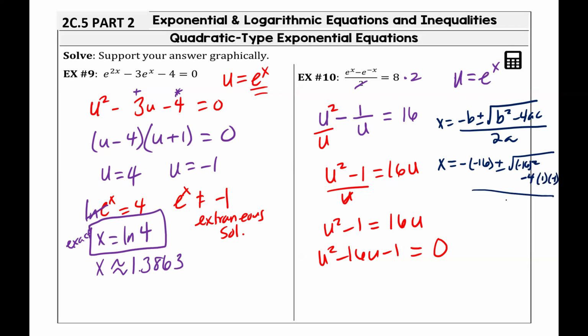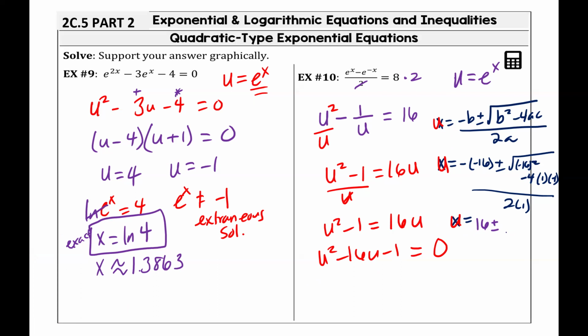That 1 times -1. A negative times a negative is a positive. In this case, it's not an x, it's a u. Because we're not solving for x, we're solving for u.